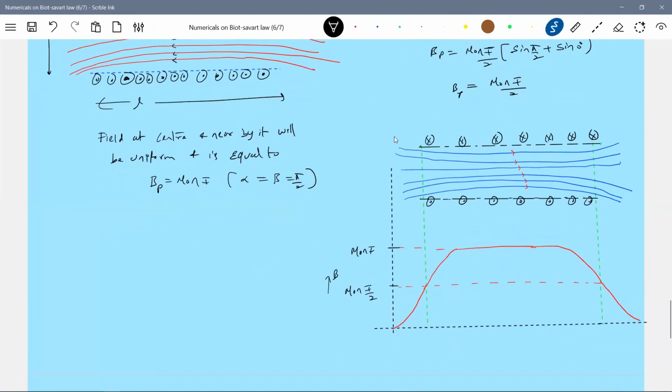If this is the solenoid, meanwhile think about it, I'll bring a small diagram so that it'll be easy for us.